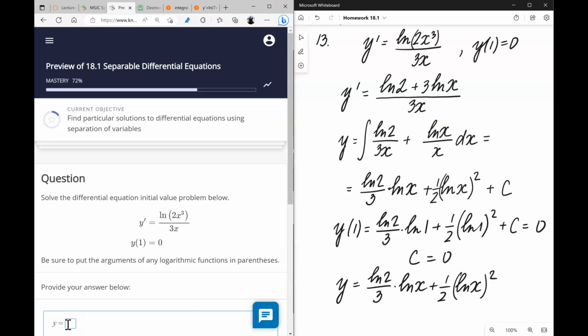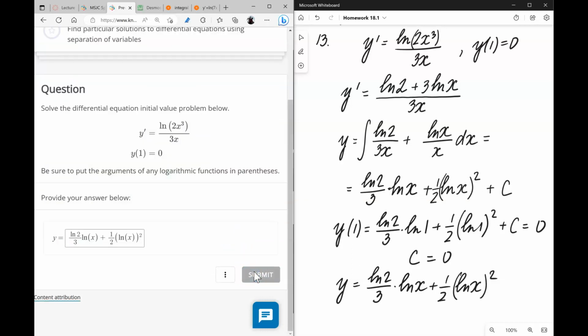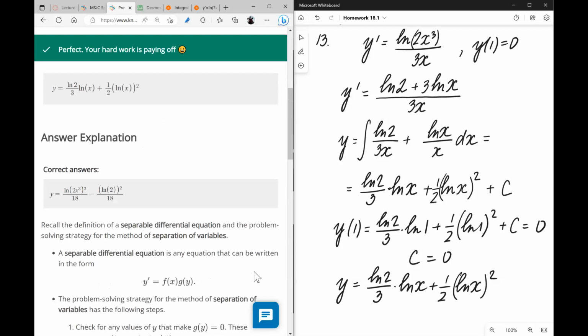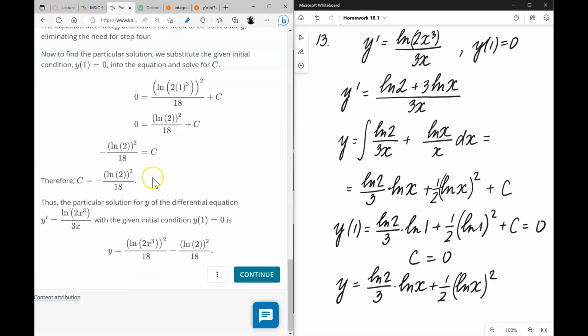So we have ln of 2 over 3 times ln of x plus 1/2 ln of x squared. That's 13.